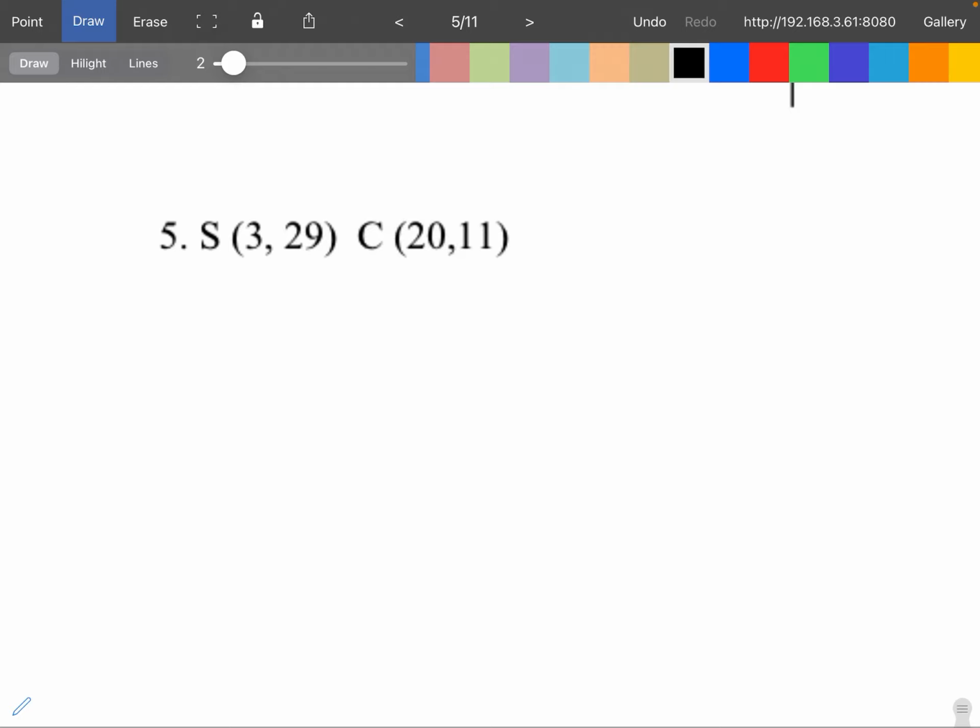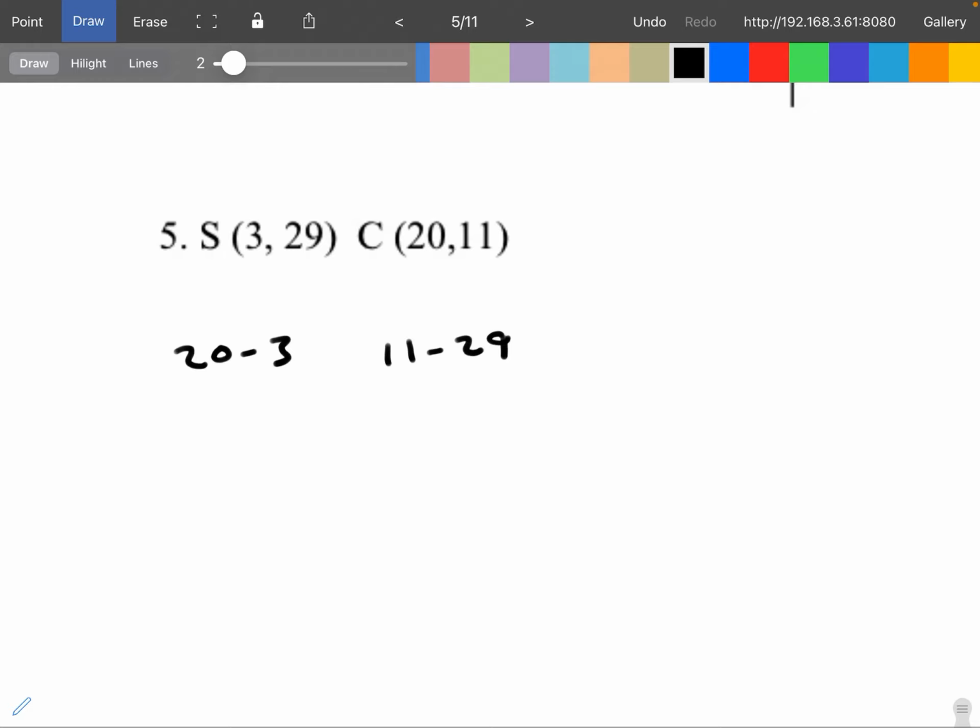All right, so on the next one, I'm not going to draw a picture. We'll just do it. So let's do this one. See if you guys can tell me the steps here. So what do I do first? Fill in all your numbers. Oh, x2 minus x1. Subtract the x's, right? What are my 2 x's? 20 and 3.